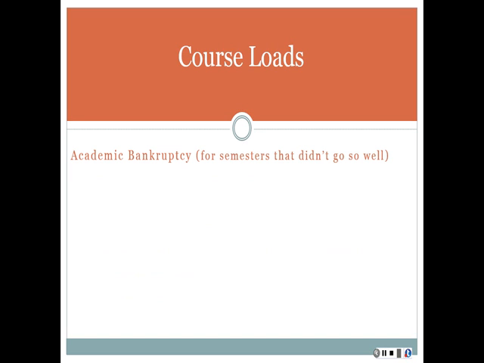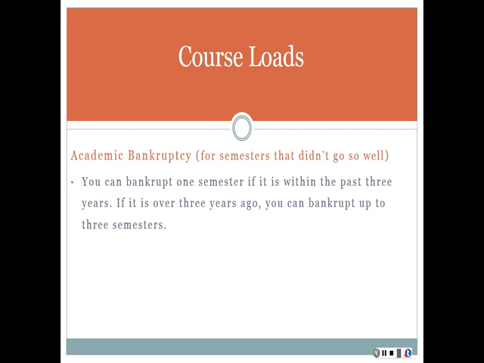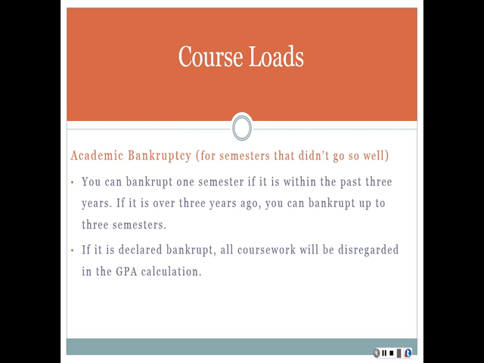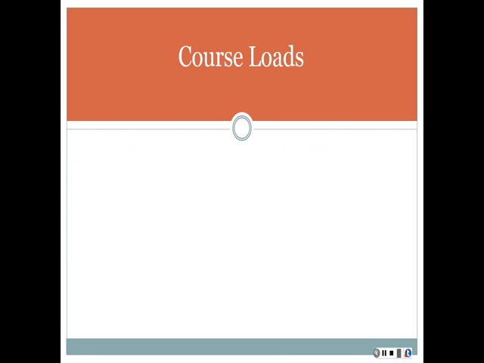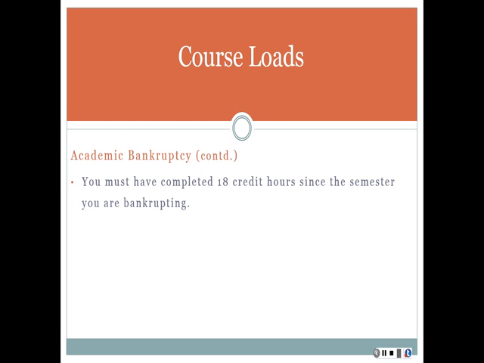And then we have academic bankruptcy for, let's say, the whole semester was a blowout. So you can bankrupt one semester if it's within the past 3 years. If it's over 3 years ago, you can bankrupt up to 3 semesters. It's declared bankrupt. All coursework will be disregarded in the GPA. So we can bankrupt.